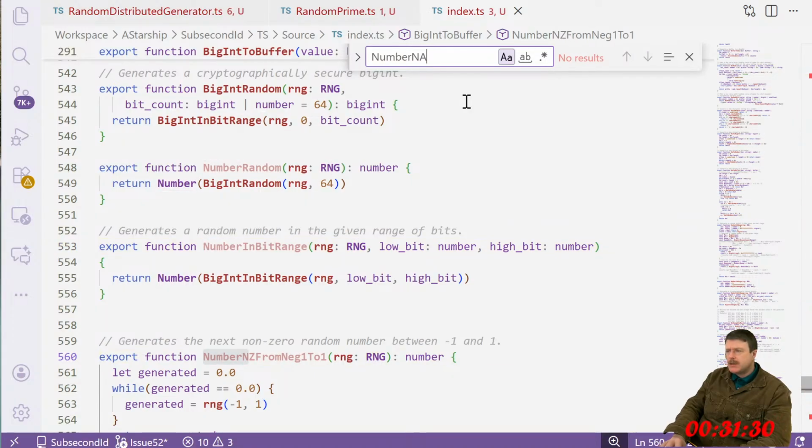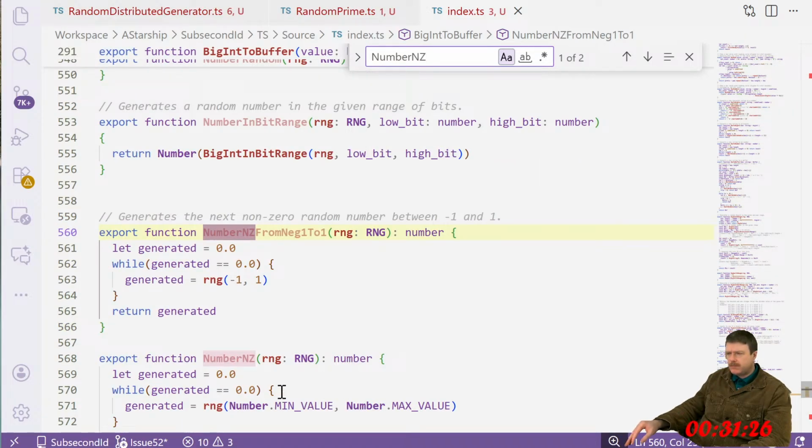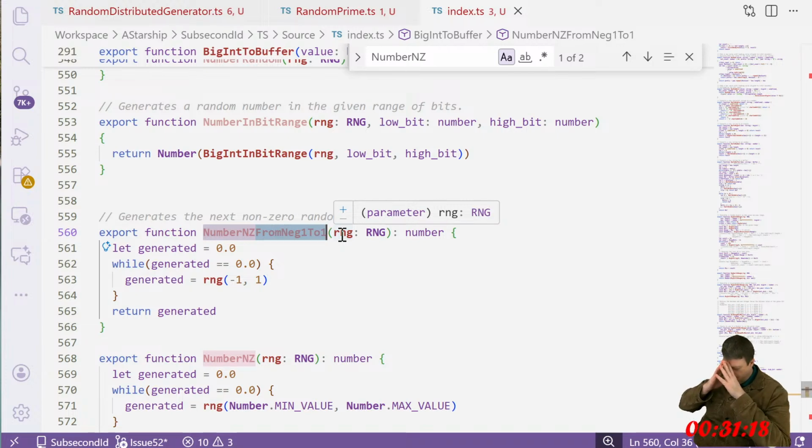Is there a number in Z? All right. So -1 to 1. Why did I do this?